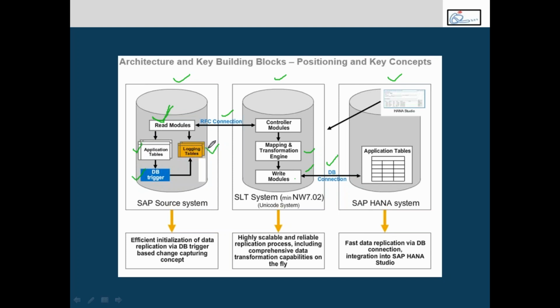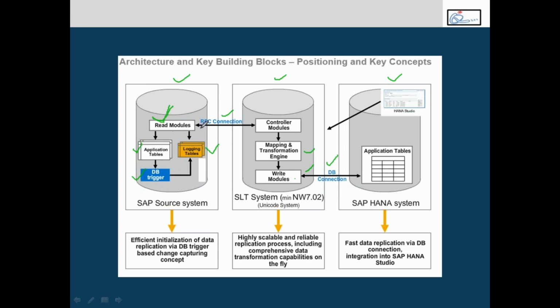It updates the log table, and you have a replication job continuously running that checks for log table updates. Your read module will check the log table and understand there are some changes. Once it understands that, it reads data from the application table or the log table and sends the data to the SLT server, and the write module will make the corresponding changes in the database.